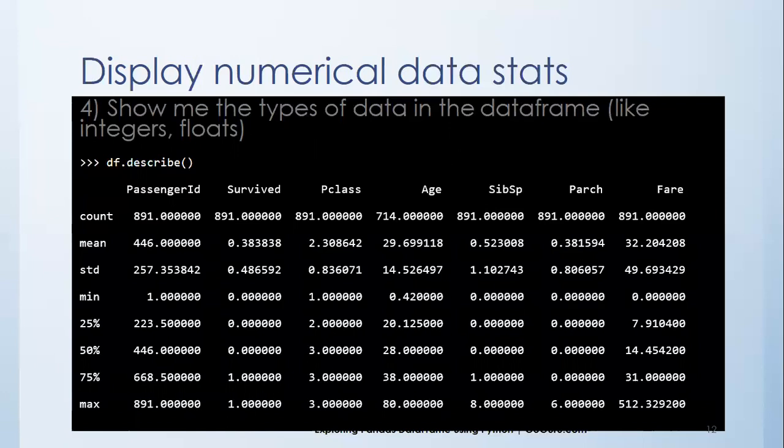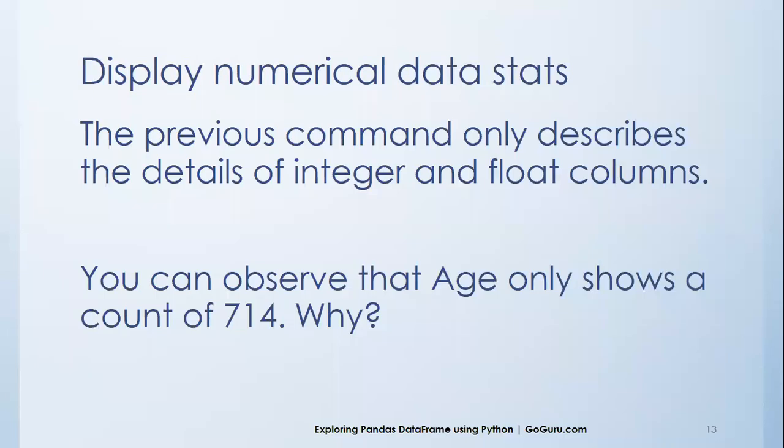Some of them are empty. So by looking at this information, you can get a good insight into how your data is distributed, what the mean value is, what values are missing, and all kinds of information. So this is pretty much what we covered: the previous command only includes integers and floats, and age only showed 714 rows.